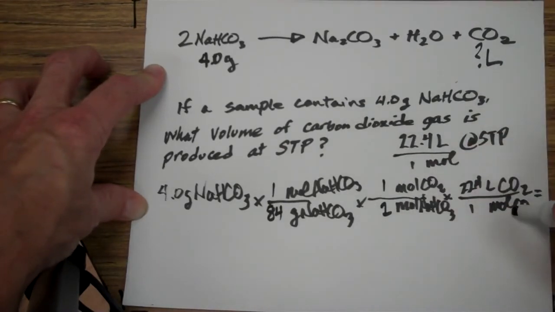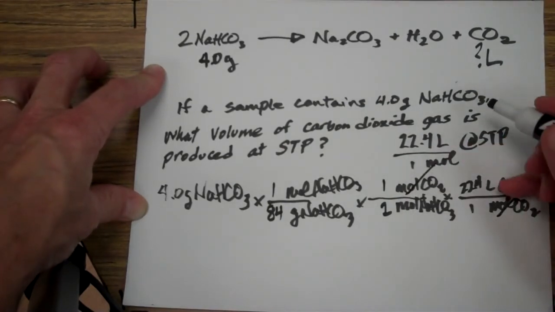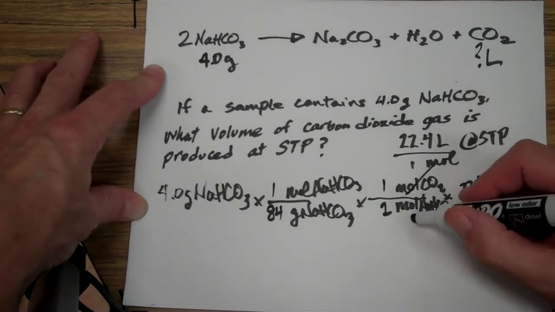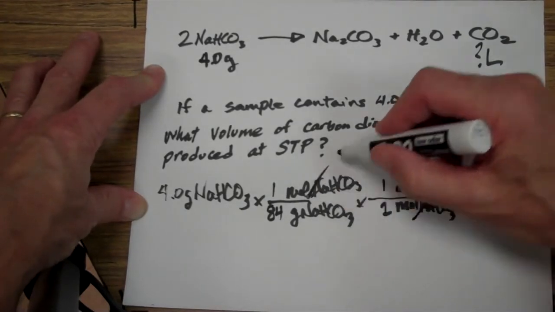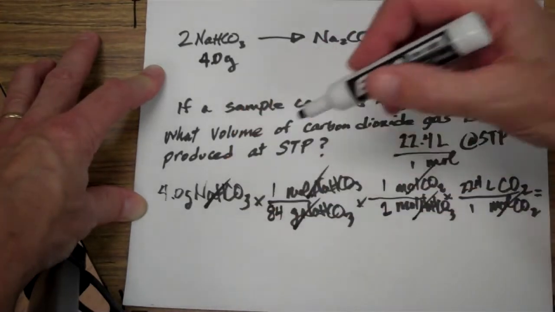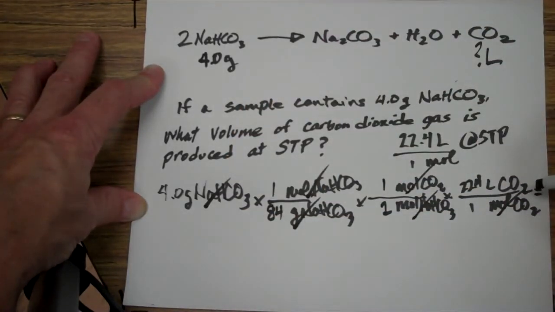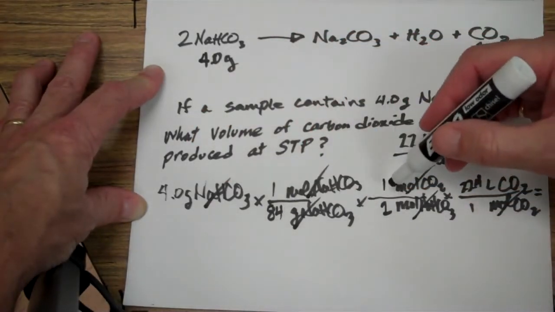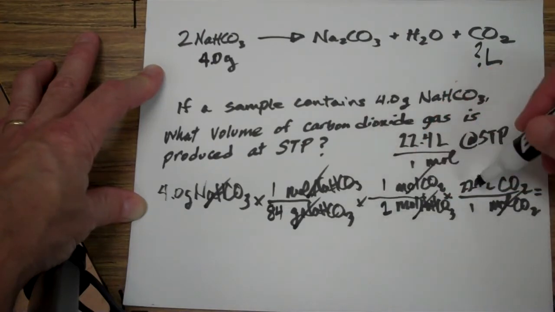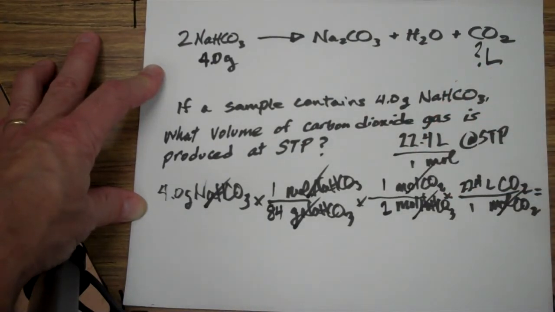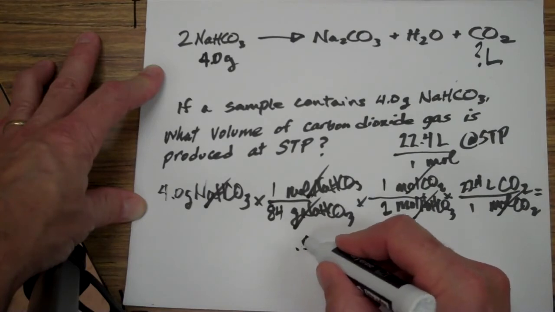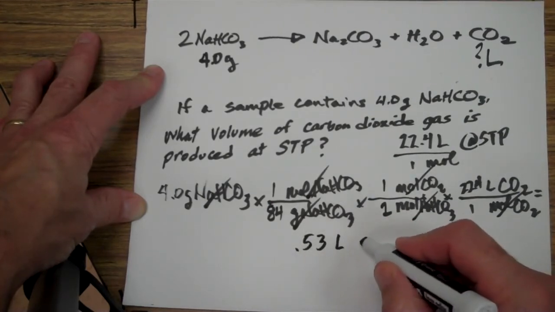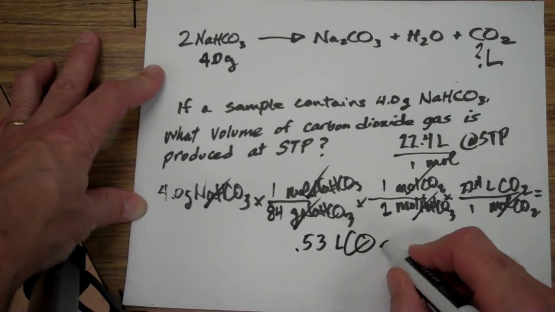Okay, and my moles of CO2 cancels, my moles of sodium bicarbonate cancels, and my grams of sodium bicarbonate cancels, leaving us with liters of CO2. So I crunch my numbers with my calculator by multiplying 4.0 times 1 divided by 84 times 1 divided by 2 times 22.4, and I get 0.53 liters of CO2.